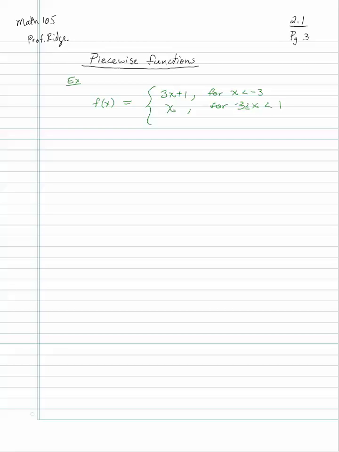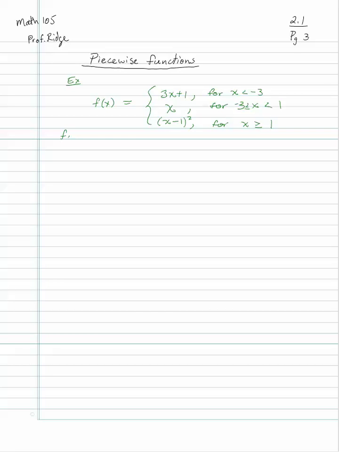And then I could say something like (x minus 1) squared for x is greater than or equal to 1. Okay, so what I did is I defined this function into 3 pieces.